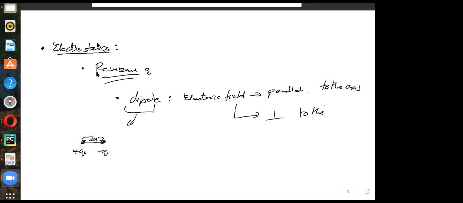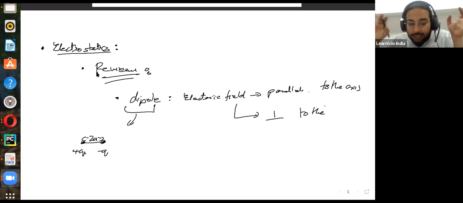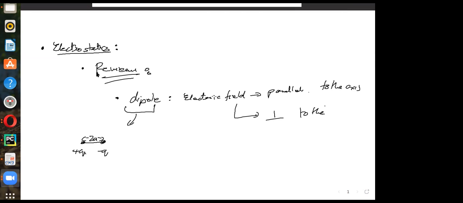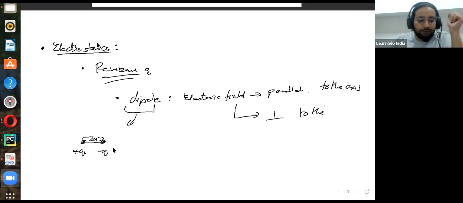It's just for CBSE. Absolutely. This is only for CBSE, but CBSE asks this question directly. For example, it would ask you to derive the expression for the electric field of a dipole at a distance r away, perpendicular to the axis. That's a standard derivation that comes in these exams. Lovely. Okay, let's continue.